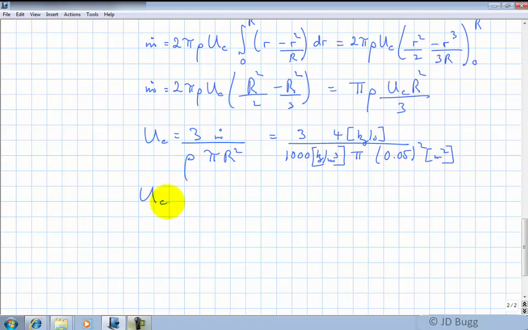So the centerline velocity evaluates out to 1.528 meters per second. So we've looked at conservation of mass in order to get our centerline velocity.